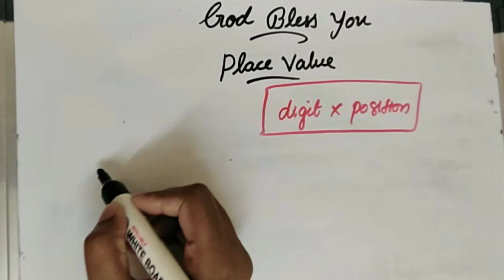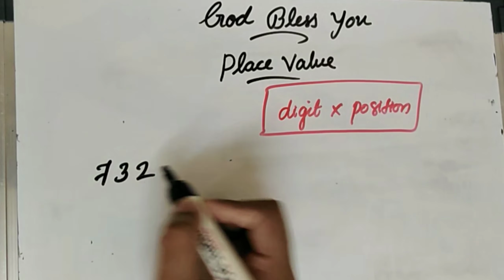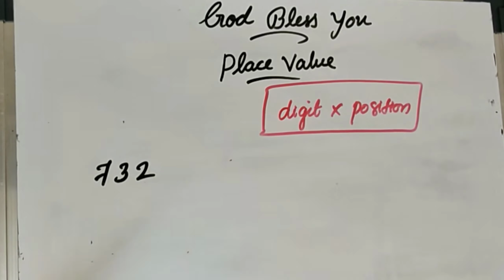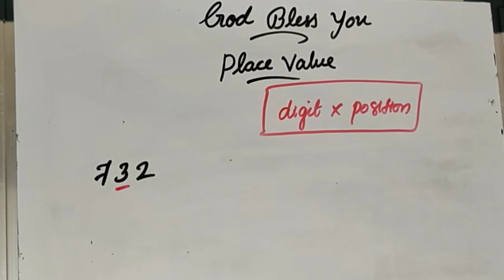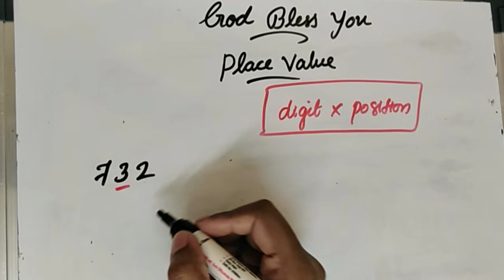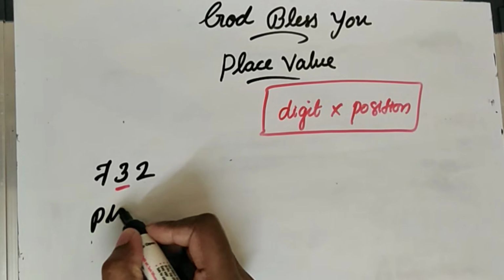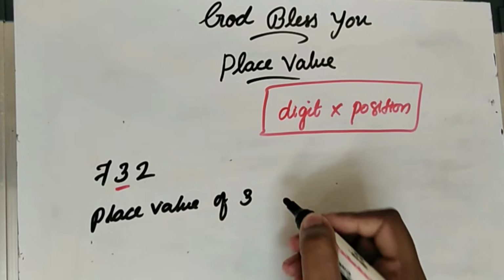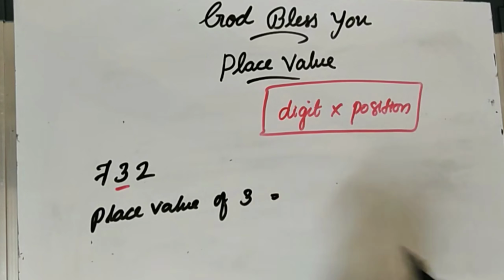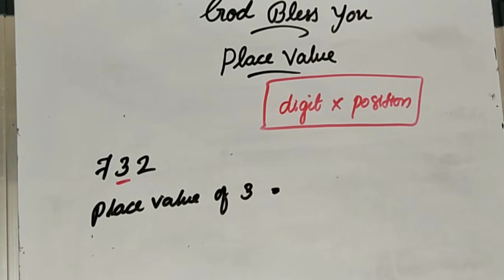So, 732. Find the place value of 3 in this number. Place value of 3 equals, we need to find the position.